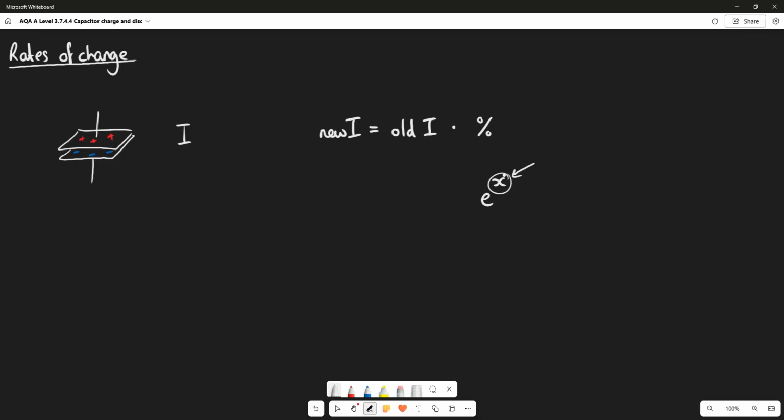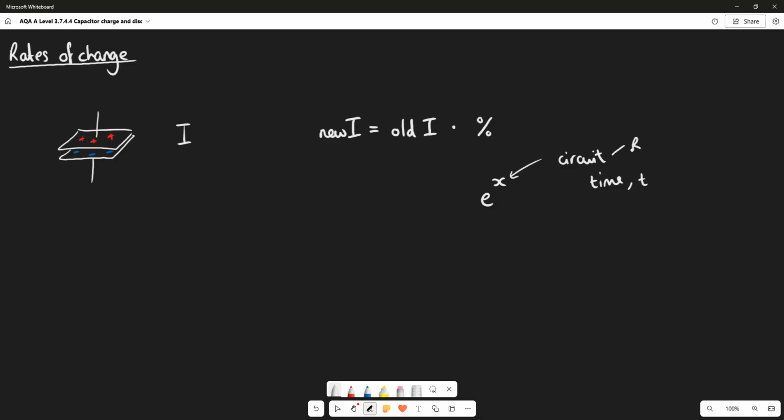The variable in the power allows us to tailor the rate of change for the specific circumstances that we have. For example, this will depend on the circuit setup, and it will depend on the amount of time that has passed. The time is simply a measurement, but the circuit consists of many different things.